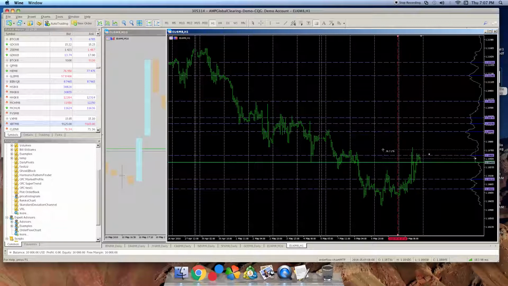This one, for example, today, the price level is 1.1960. So I'm going to mark that on the 10-minute chart, because it is a very important point.